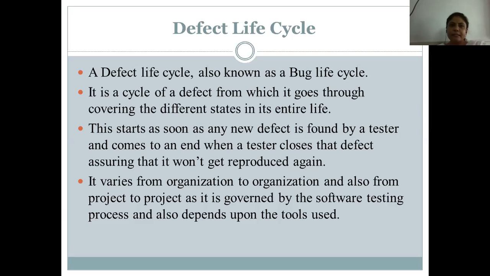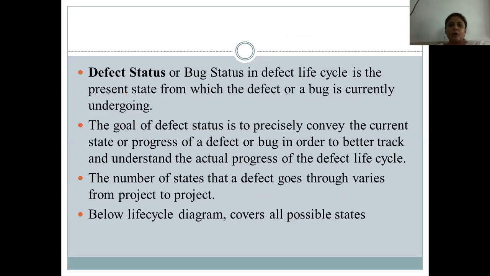In software testing, different kinds of tools are used for tracking the life cycle of the defect. Bugzilla is one of the tools which is utilized to track the defect life cycle. Defect status or bug status in the defect life cycle is the present state which the defect or bug is currently undergoing. There are various stages in the defect life cycle.